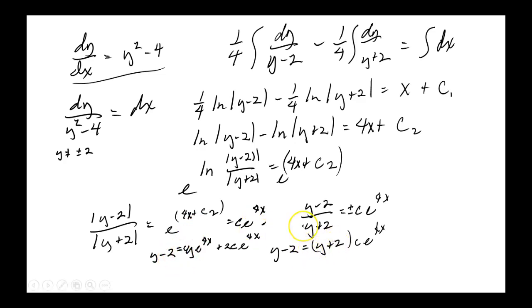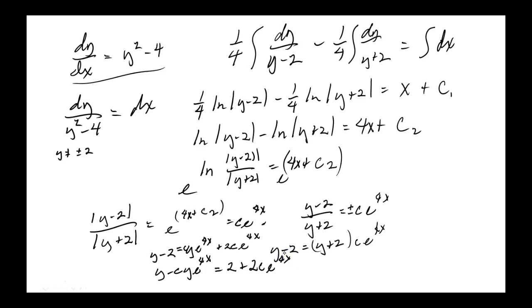Now, let's gather all of our y's together. So this will be y minus c y e to the 4x when you subtract that from both sides, and over here you'll have 2 plus 2c e to the 4x.